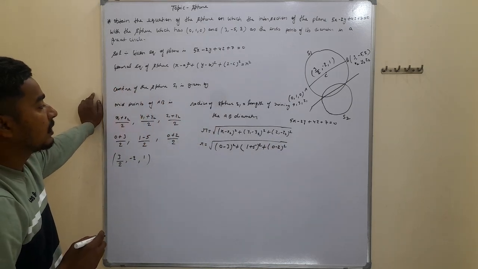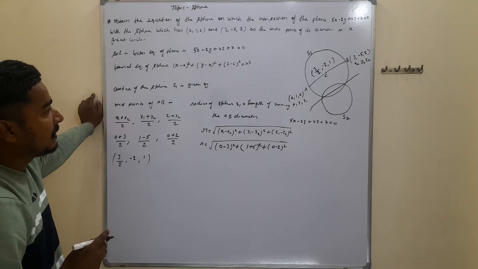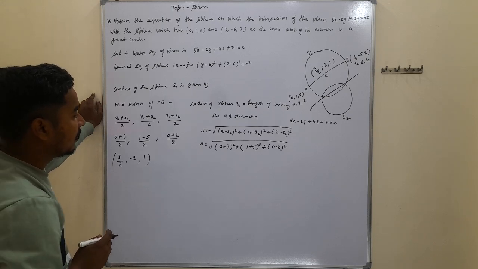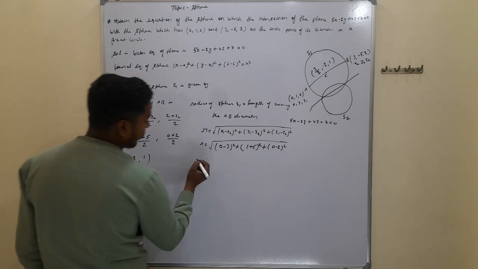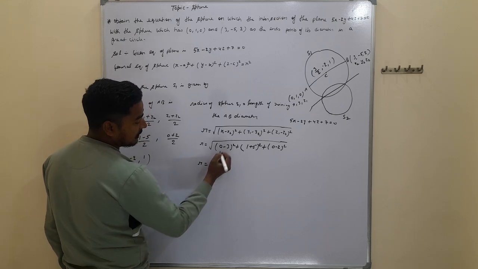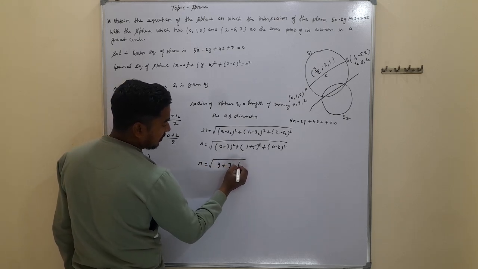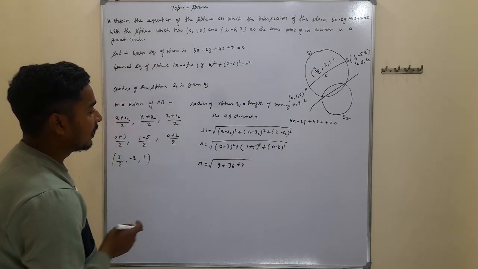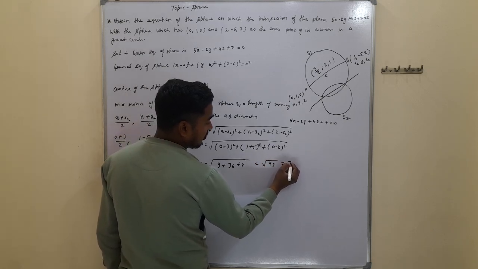This is the length of the diameter AB. Once again we calculate it: minus 3 square is 9, and this is 36, and this is 4. 36 plus 4 is 40, and 40 plus 9 is 49, under root of 49. We get 7.